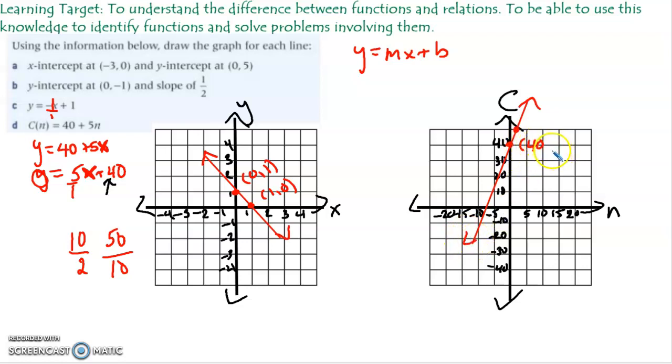So we have the point 0, 40. We found this one here as well because it's 2 over, so it's going to be 2, 50. And this one we can easily find by replacing y with 0 and finding that it's going to be -8, 0. So lots of key pieces of information there.